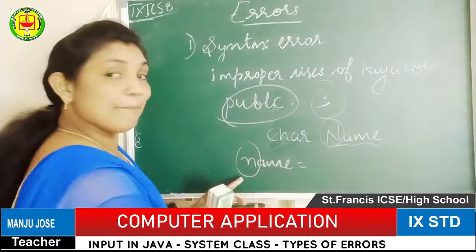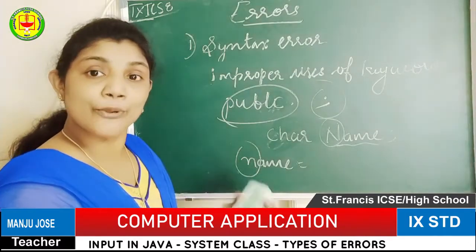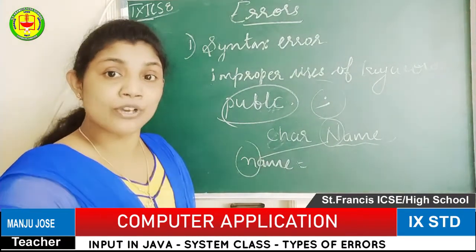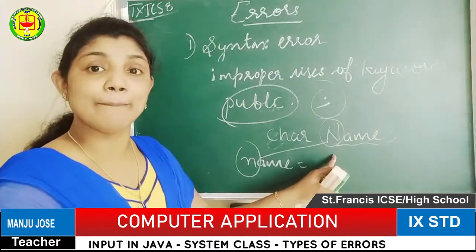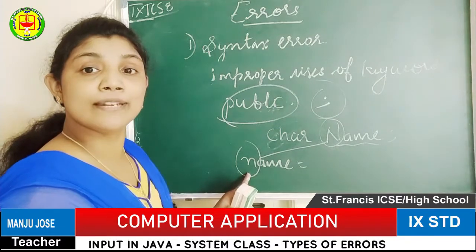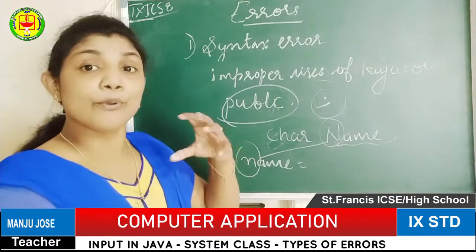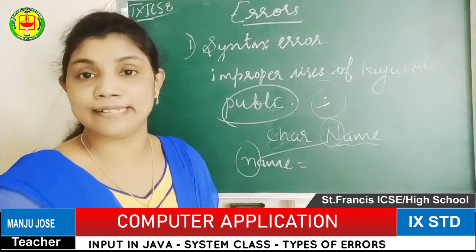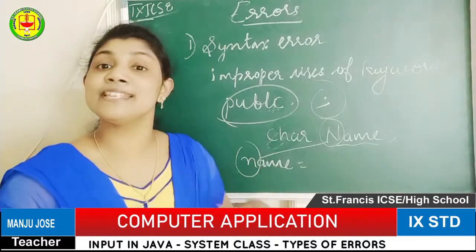In computer programming, these two will be different, because the ASCII value of the capital N and the ASCII value of the small letter n are different. Because of that, the program recognizes both as different letters. This is called a case mismatch.